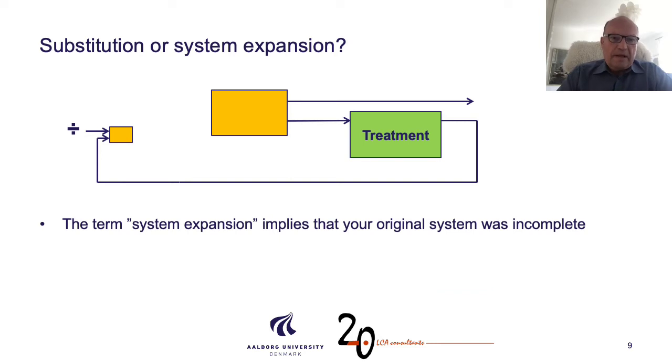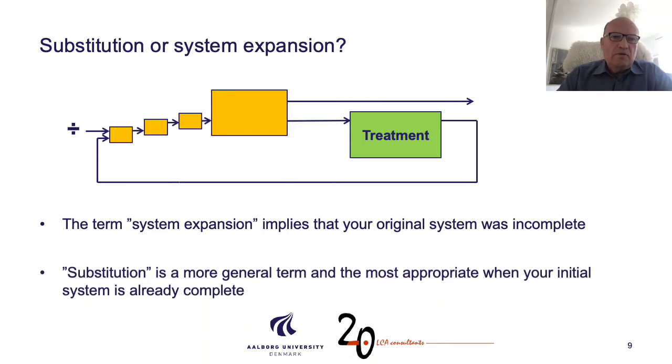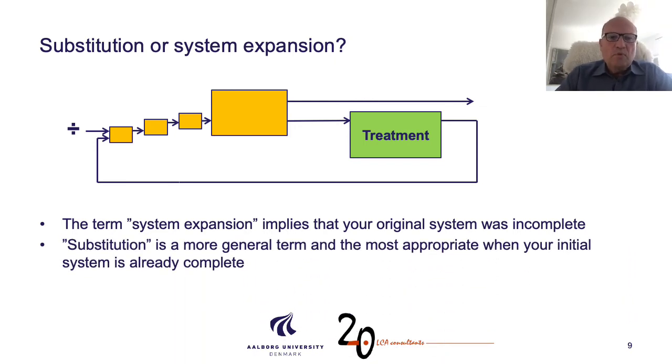The term system expansion somehow implies that your original system was incomplete. So if you're working with a complete database that contains all kinds of products linked together in a total global system, then the term substitution may be more fitting, because you're not really expanding your system, you're simply making a negative demand on one of the activities in your already existing systems.